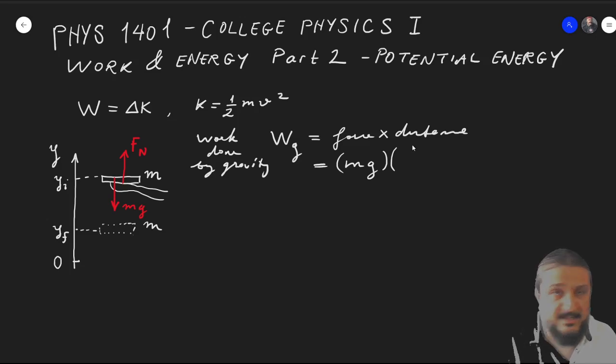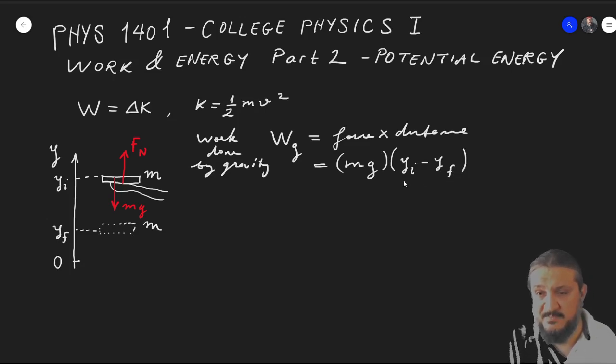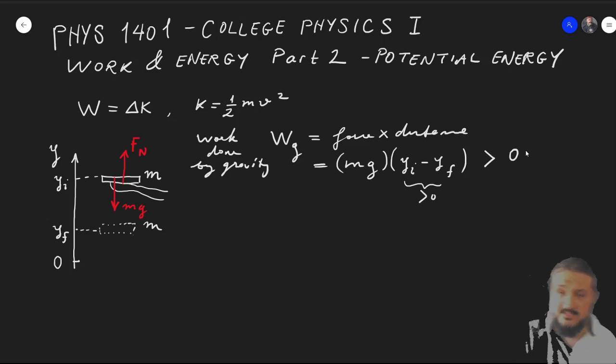I can just use the actual distance traveled, the positive number, which is yi minus yf. So this number is obviously positive, and mg is positive. The answer will also be positive. So the work done by gravity is positive.